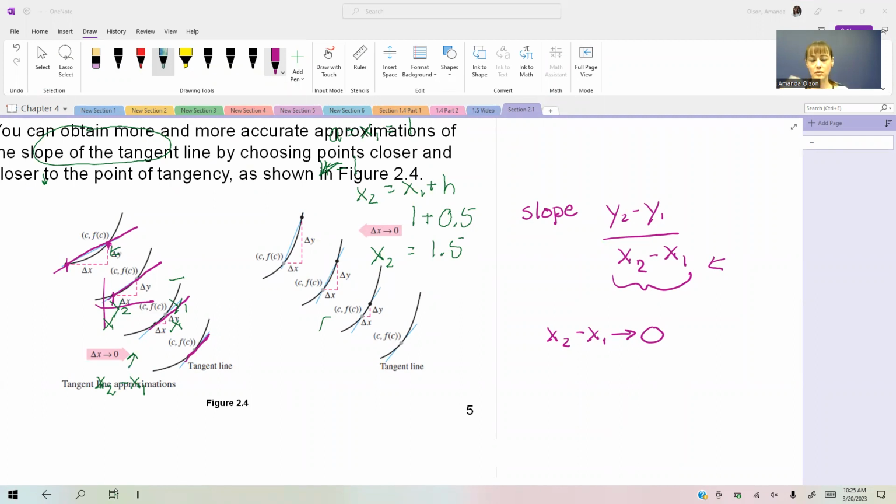What's happening to my slope, or that difference quotient, sometimes called the ratio of Y with respect to the ratio of X, that change in Y over change in X? What's happening as our X values get closer and closer together? In other words, what's happening to that change in Y over change in X as H gets smaller and smaller?